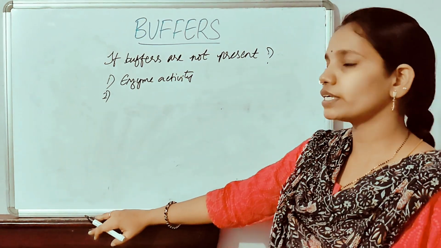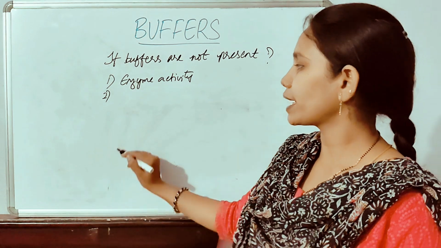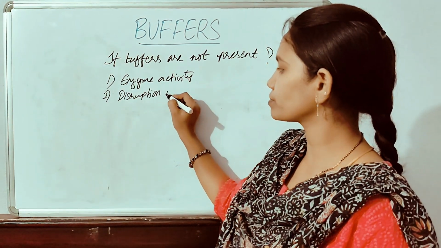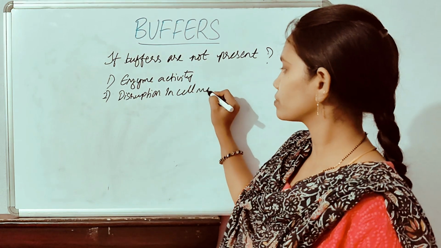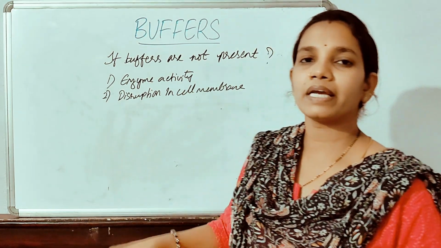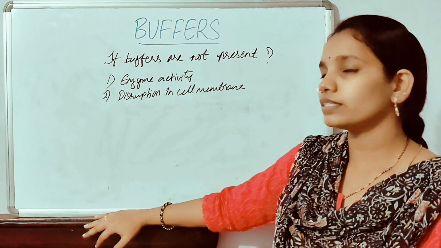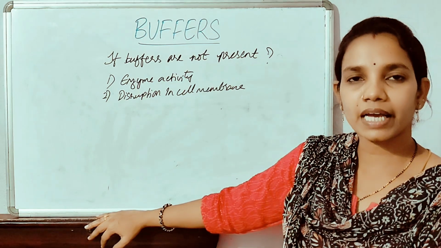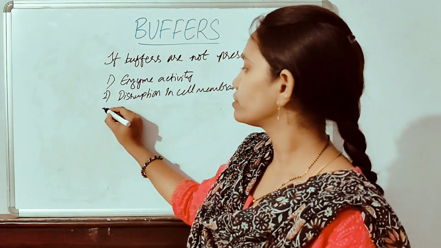Without buffers, their activity will be lost. Second, disruption in the cell membrane takes place. All cells maintain stable internal pH, that is homeostasis. Without buffers, the cell membrane can be damaged.